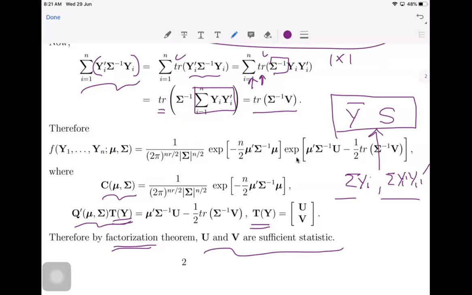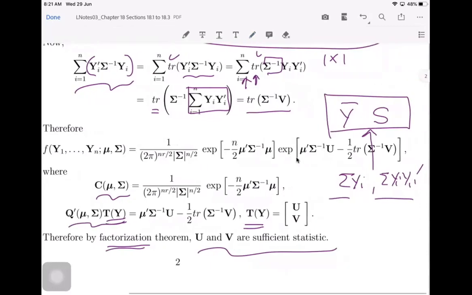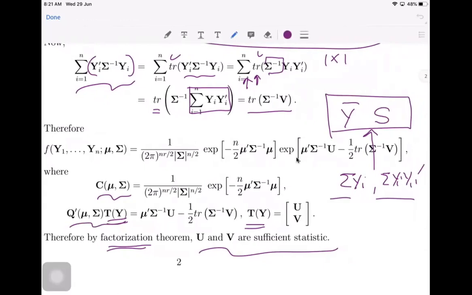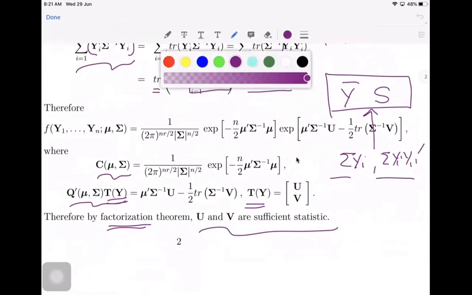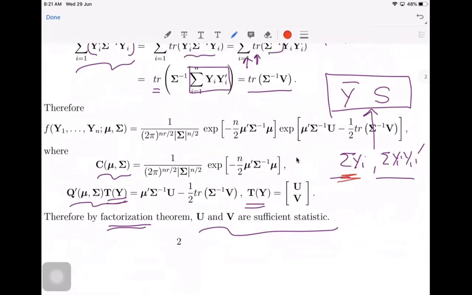What we have shown here is only that U and V are sufficient stats. Recall that U is the summation of yi and V is the summation of yi squared. So what we want to show is that Y bar and S are sufficient stats.